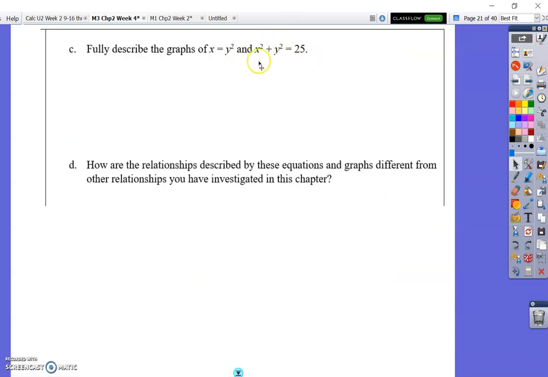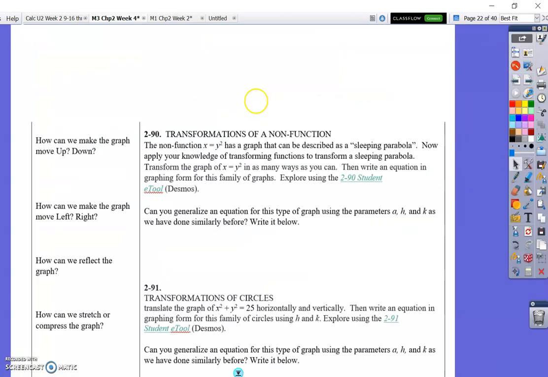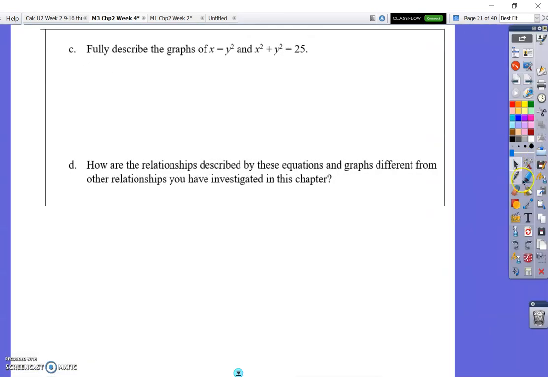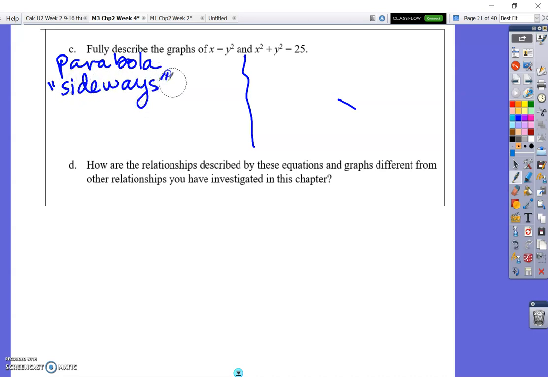And then for this one, this is a circle. Let me start writing this one. So the first one, let me write some stuff down. So we have a sideways parabola, resting, vertex is 0, 0, opening right.